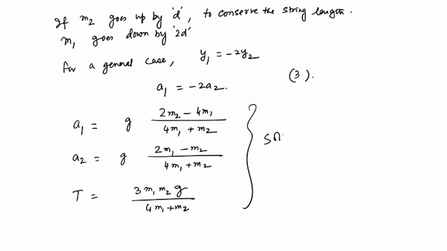So, that is the solution for the Atwood machine, and when there are two such pulleys which are coupled like this, one can solve them there.